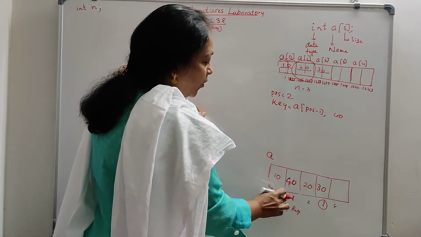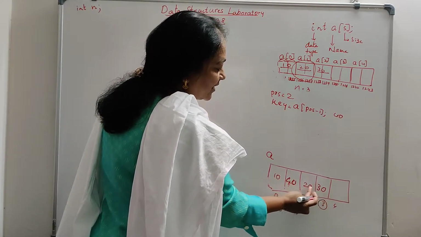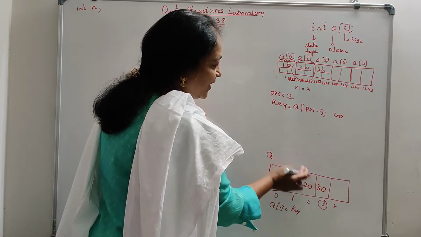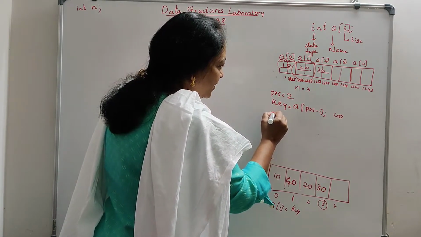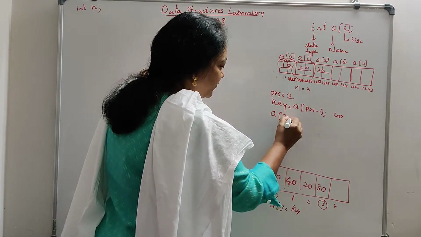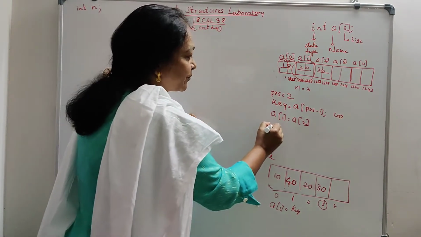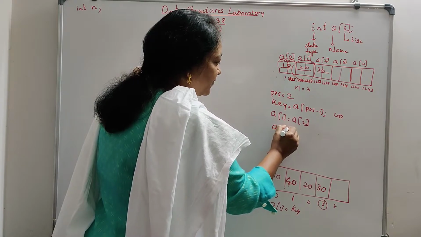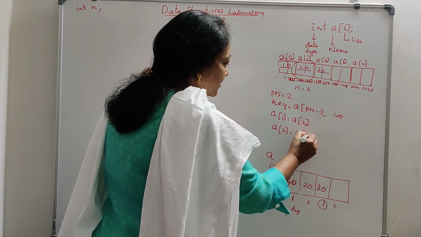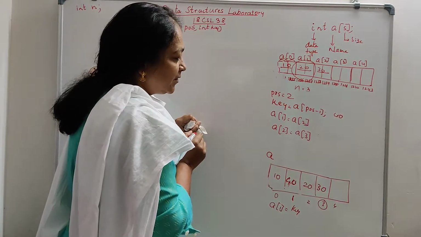So how can I do that? If I shift this 30 first, we will be losing this value 20. So for that purpose, first I will shift whatever is there in the second position into the first position. After that, I shift the value in the third into 2.